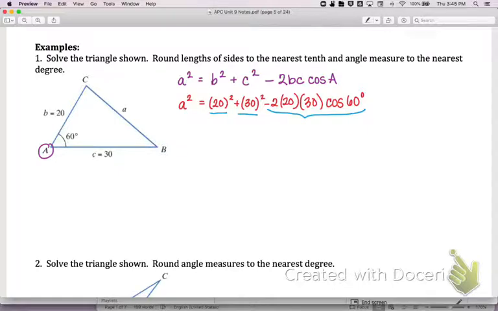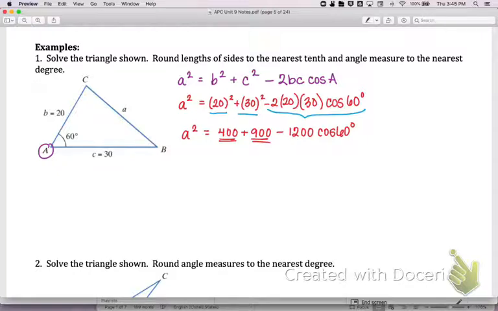When we work this out, we have essentially 400 plus 900 minus 40 times 30, so that's going to be 1200 cosine of 60 degrees. We can combine these because they are like terms, but we can't combine it with the 1200 because that's attached to the cosine, all right?